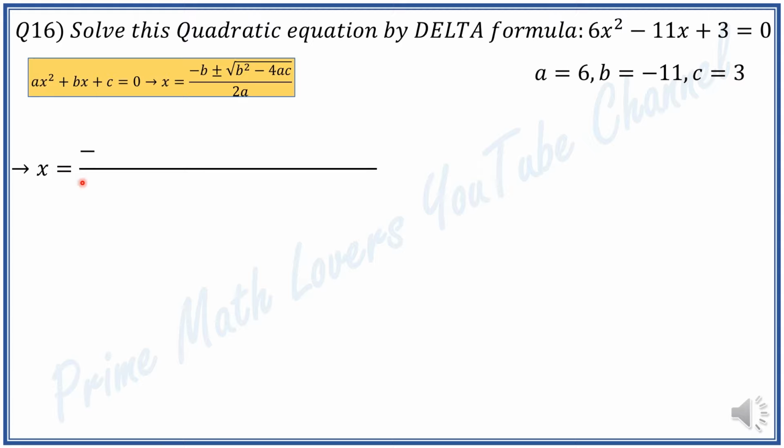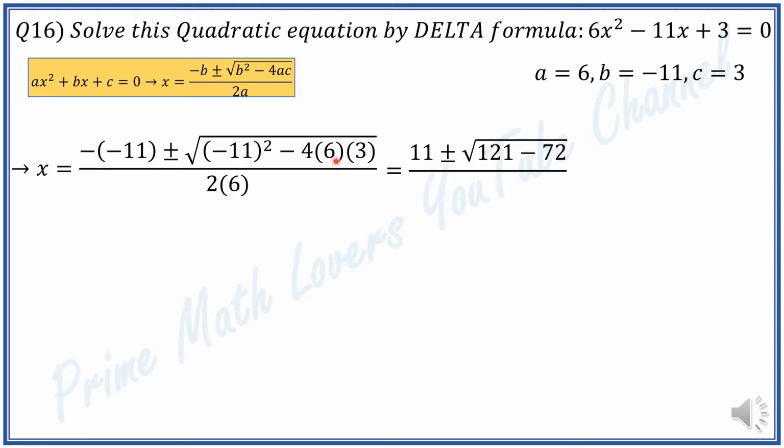So x will be equal to negative 11 plus or minus square root of negative 11 squared minus 4 times 6 times 3. A is 6, b is negative 11, and c is 3. We replace here and here. Negative b will be 11.